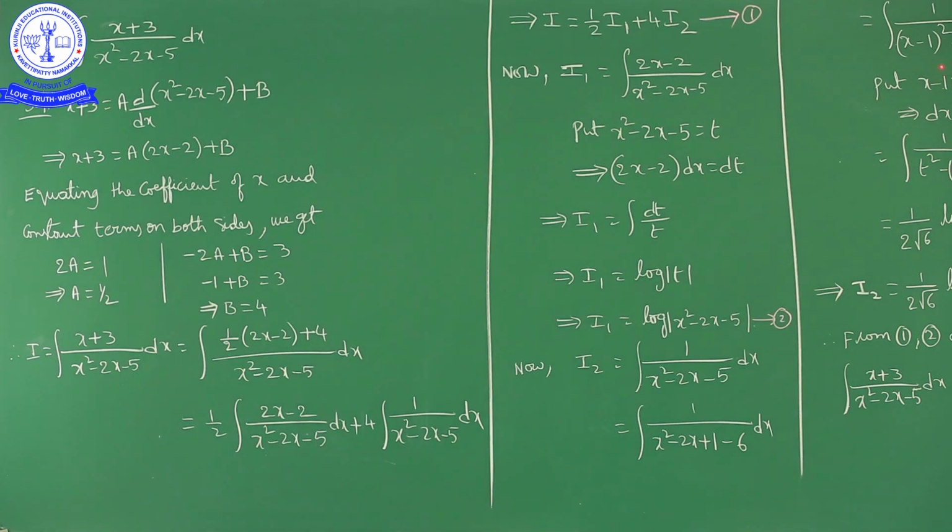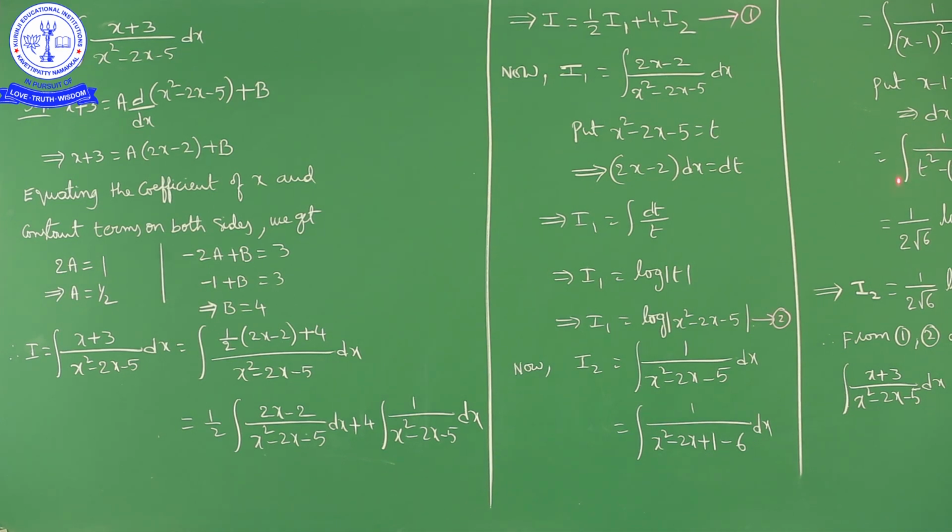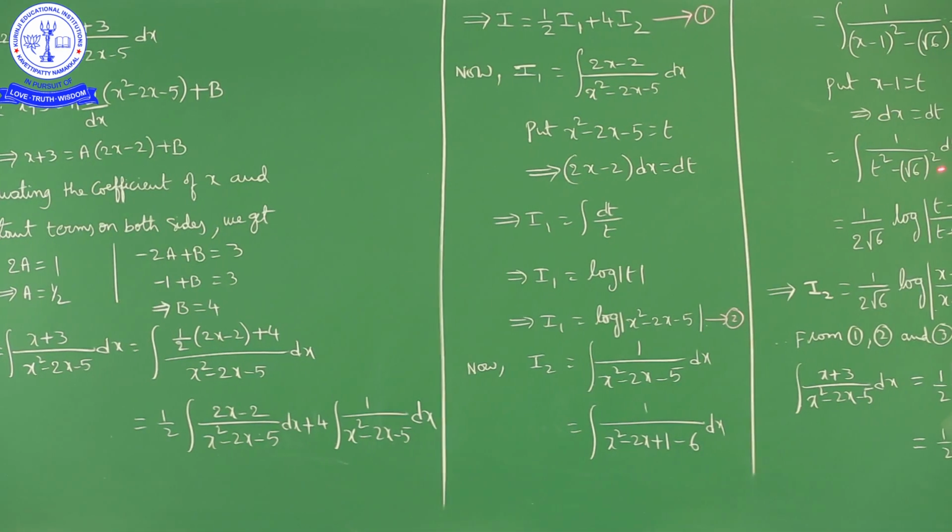So I will put x minus 1 as t. What is the advantage? X minus 1 as t, dx equals dt. Now this reduces to integral 1 upon t square minus root 6 whole square dt.